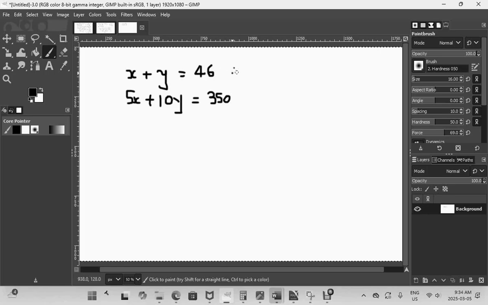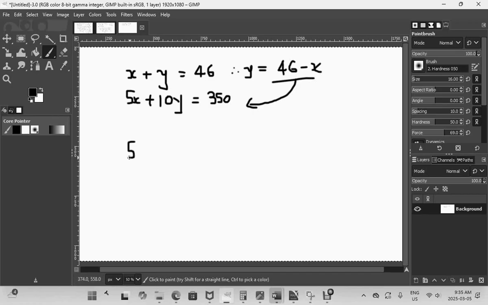For that reason, we can use either elimination or substitution to solve these equations and find the values for the variables. To do this, we rearrange the first equation to find y: y equals 46 minus x. Once you have this value, you can simply sub it into the second equation.